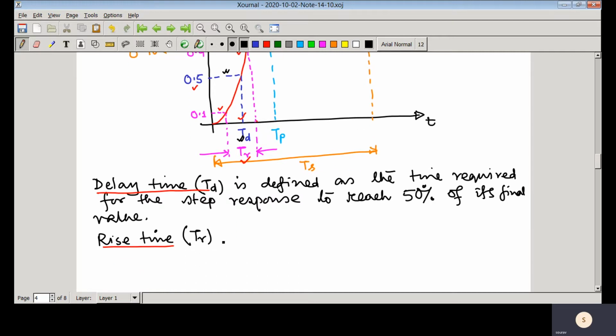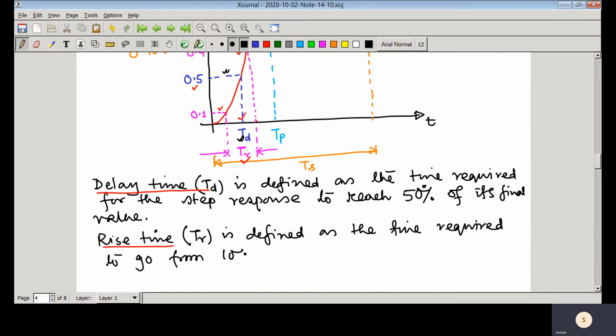So this is defined as the time required to go from 10% of the final value.